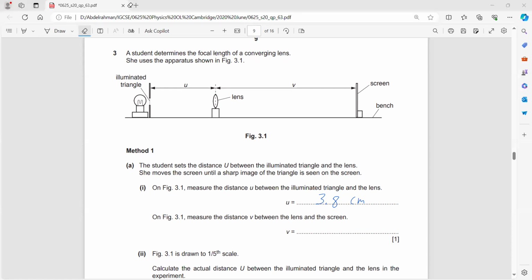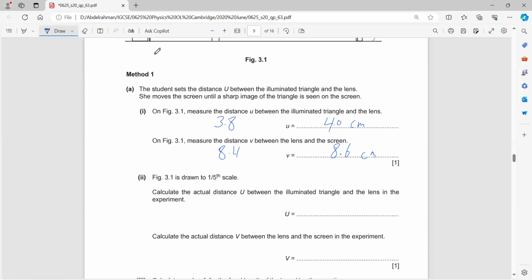The printing usually prints a smaller scale, just a small difference. You measured 3.8, but the marking scheme wrote down 4 centimeters, so I'll use 4 centimeters. For V you measured 8.4 and the marking scheme wrote down 8.6. Am I wrong? No, you're not wrong, it has to do with the printing of the paper. Not a problem.